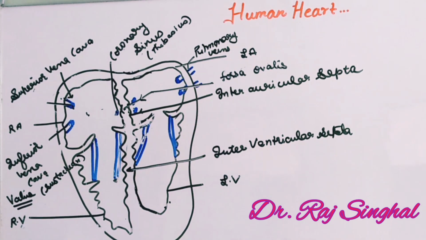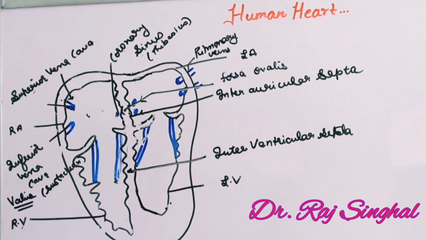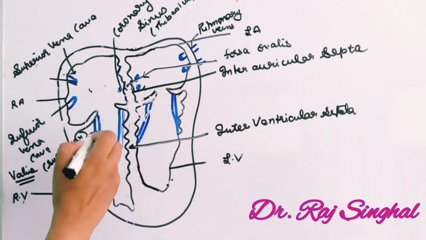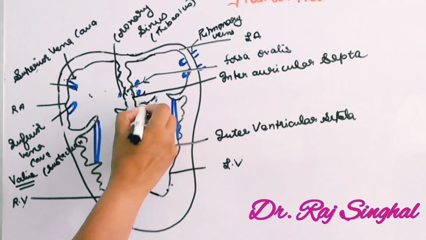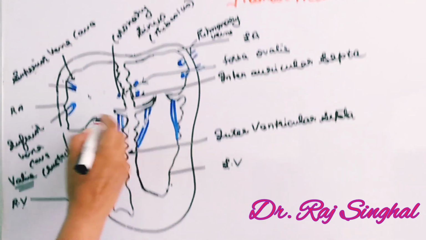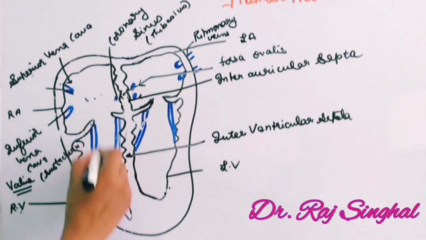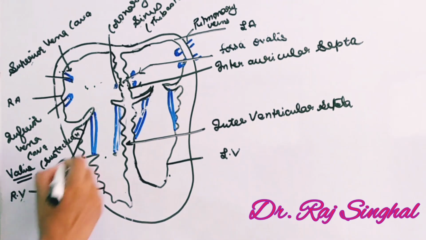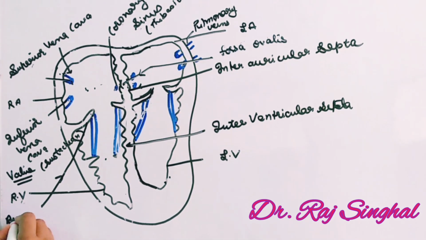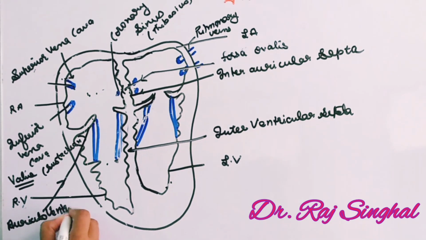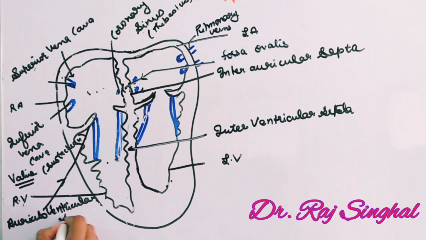These veins bring pure blood from the lungs. As we move downward, there are 2 valves which can be seen like this. This valve is separating auricle and ventricle, hence it is known as auriculoventricular valve.